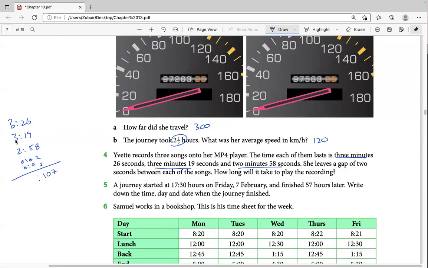And on the other side, 3, 3, 6, 7, 8. I'm taking out 60 out of this 107. So when we take out 60, I'm left with 47 and take that 60 on the other side. So this is 9 minutes 47 seconds.